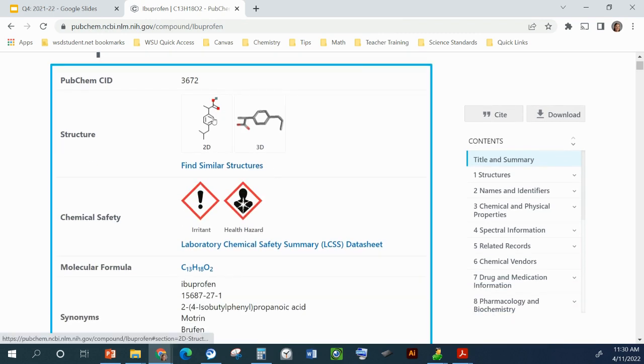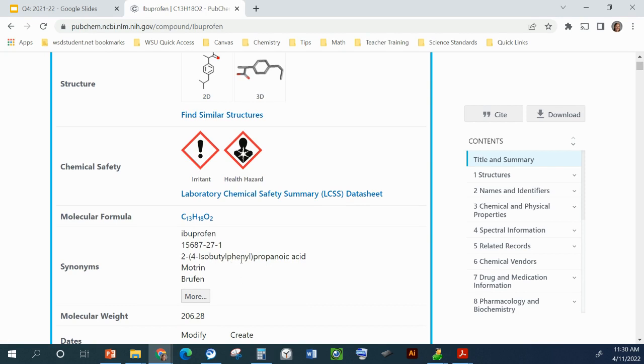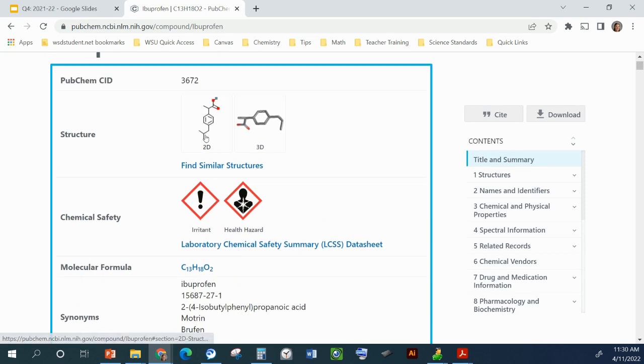So we have a phenol, we have 2 methyls, this is the propionic acid, and we have another methyl group over here. They call it isobutyl phenol because we have a butyl group, 1, 2, 3, 4, and it's iso. So this is our isobutyl, this is phenol propionic acid. So methyl looks like it's the side group.